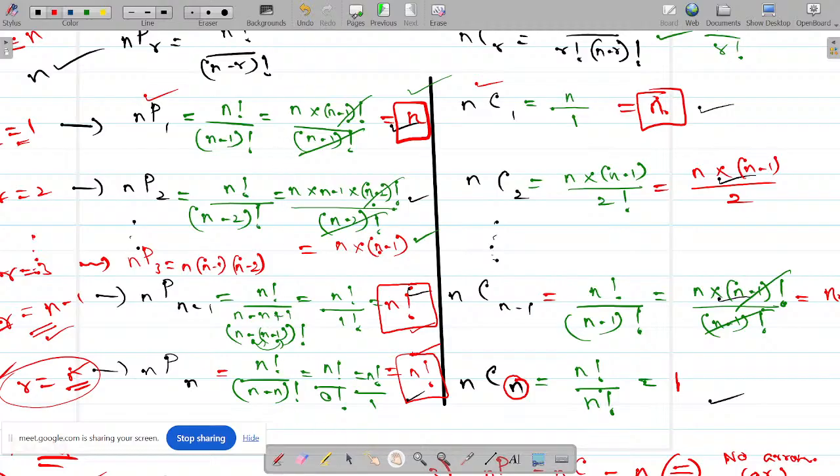Okay, let me take a fresh page. R is equal to 0. What do you mean by r is equal to 0 first of all? When I give n and when I say r and talk about NPR, you have to pick r number of elements or persons that you have to arrange.